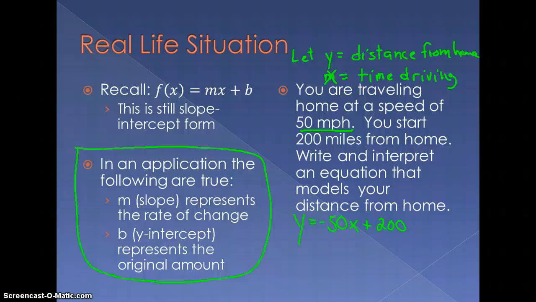The negative 50, the reason it's negative, is that distance away from home is decreasing. If we drive 1 hour, we'll be 150 miles away from home. If we drive 2 hours, we'll be 100 miles away from home. So as you can see, as x increases by 1, the distance away from home decreases by 50 miles.